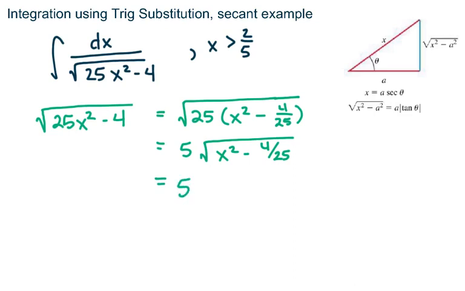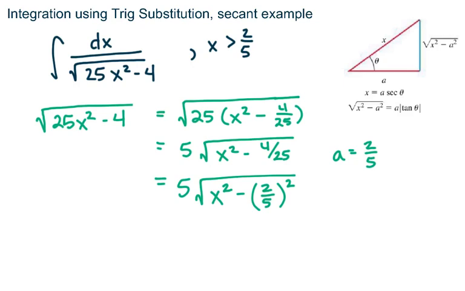So this is the same as 5 times the square root of x squared minus 2/5 squared. So now I really have it in this format, which I can match up with my rules. I know I'm going to choose secant, with an a value of 2/5. A is going to equal 2/5.